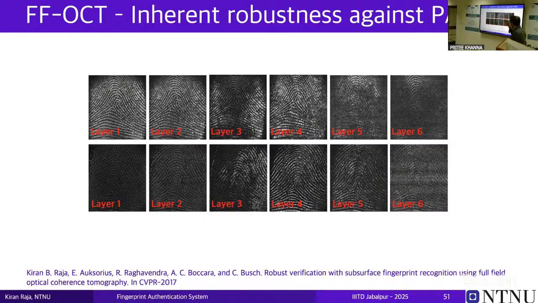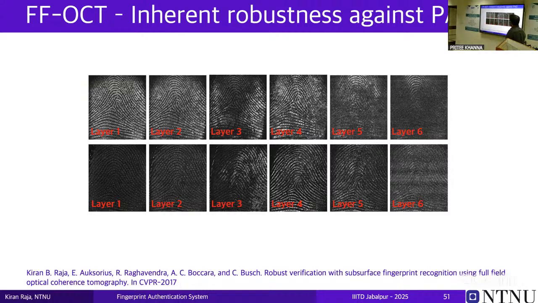As the light diminishes going deeper, only a few areas are selected. But the interesting idea here is that if I have a fake fingerprint on top of my finger, this information and this information will be very different. So that makes it inherently stronger against that attack.